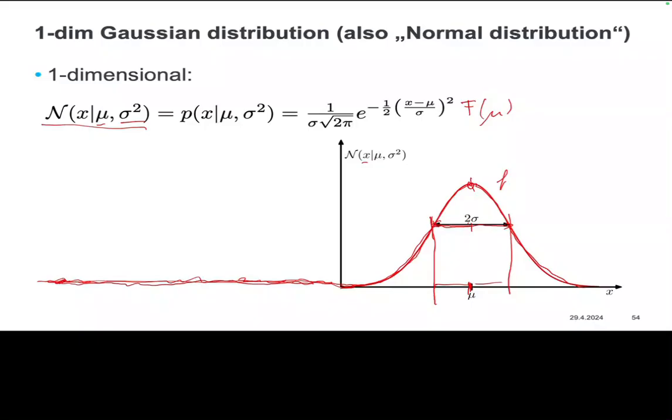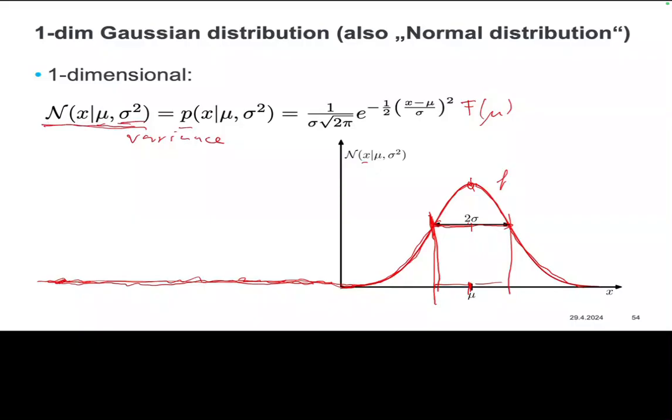So the standard deviation is a bit like the space around the mu that contains a lot of the probability mass. And for statistical reasons, typically the standard deviation squared is reported, which goes by the name of variance. And this normal distribution here is described as a probability density.